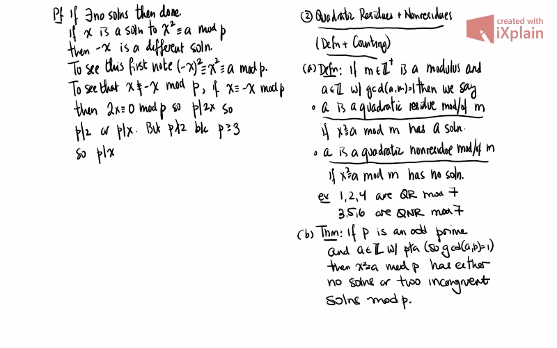But this is a problem because look, x squared is congruent to a mod p. So let me write this out. If p divides x, then p divides x squared. So x squared is congruent to a mod p, so a is x squared plus a multiple of p.